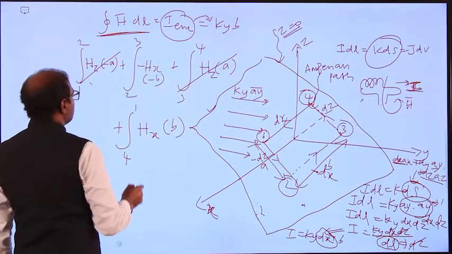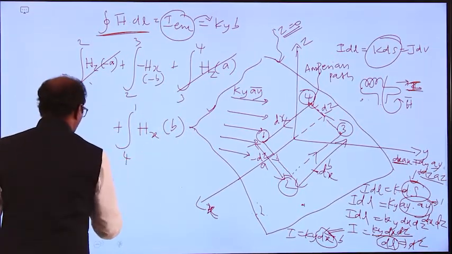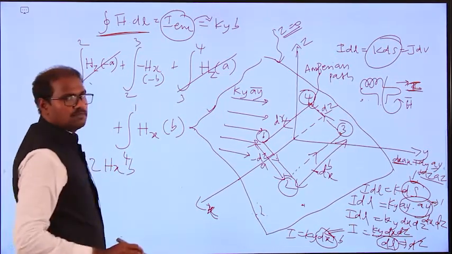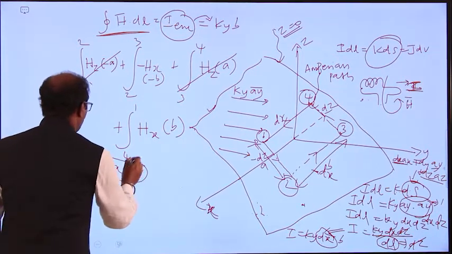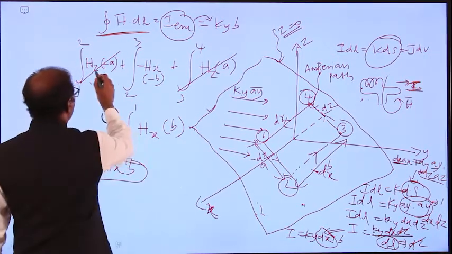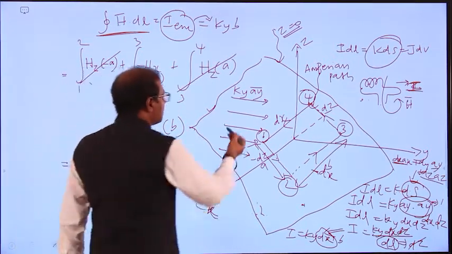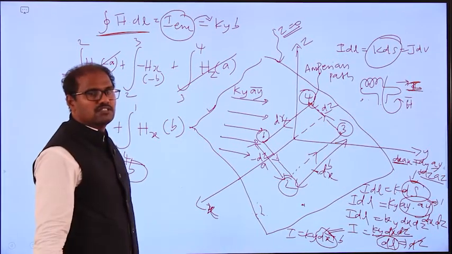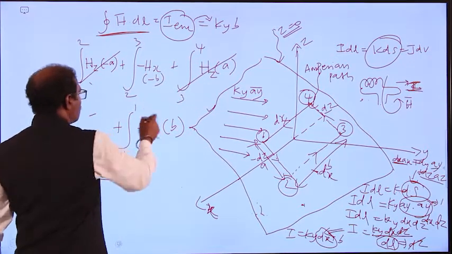Now we simplify: Hxb becomes 2Hxb. This Hz component is cancelled because Z is equal to 0, so only the x component will be available.